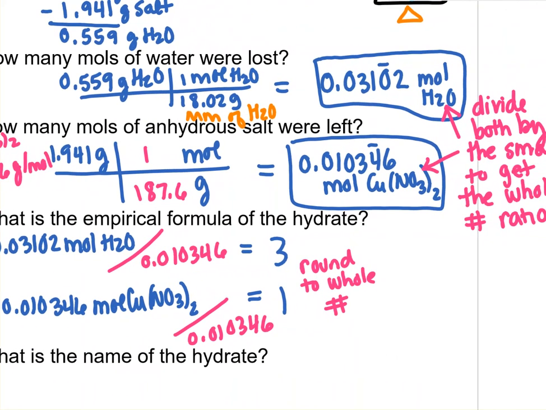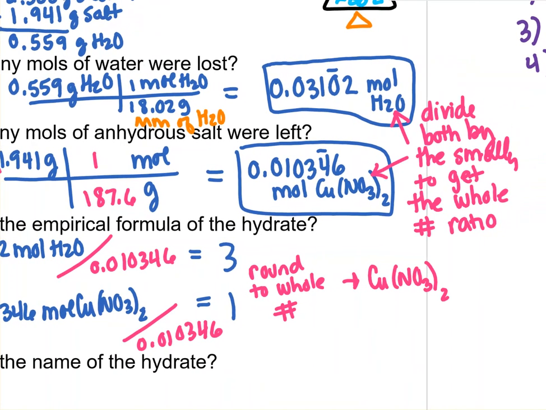And since it's 3 to 1, that means that my empirical formula is the formula of my salt, then I have a raised dot 3H2O, because there are 3 moles of water for every mole of the copper 2 nitrate.